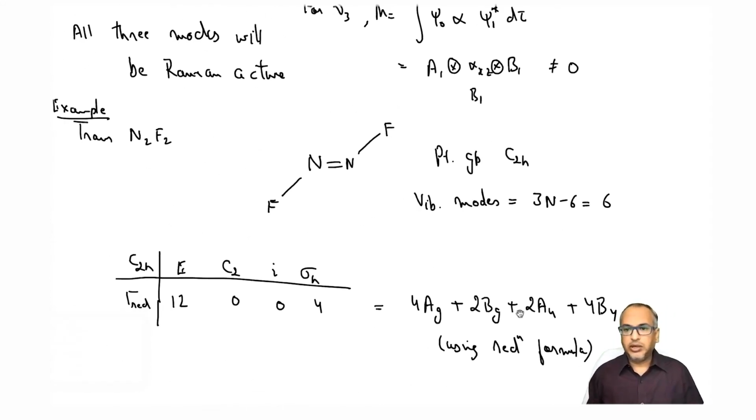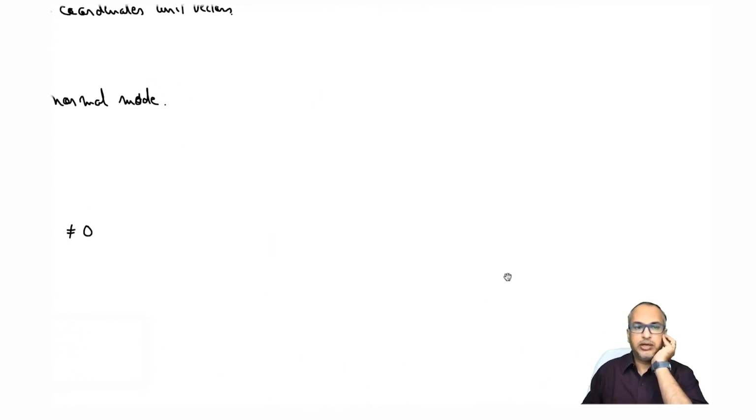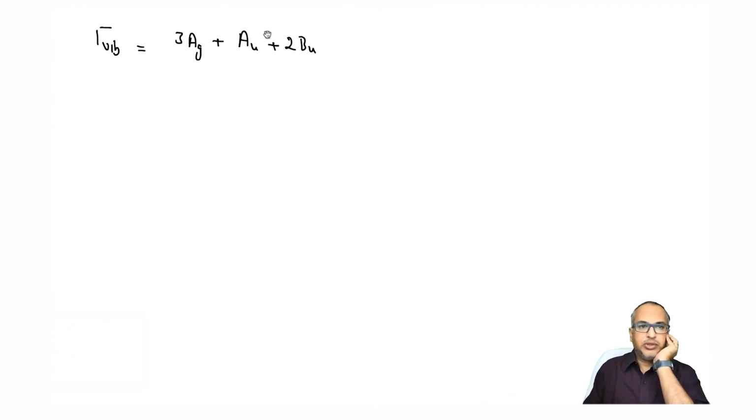So this is the total vibrational modes, and then we have to find out the symmetry of vibrational modes by subtracting the translational and rotational components, right? So out of Ag, Bg, Au, Bu, you can remove the symmetry of translational modes and rotational modes. So let's not do that, and I'm directly writing gamma vibrational as this.